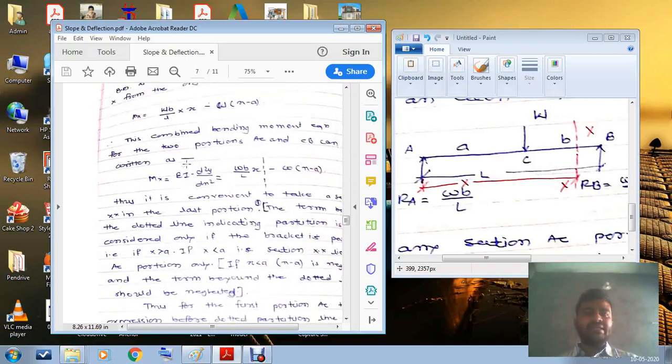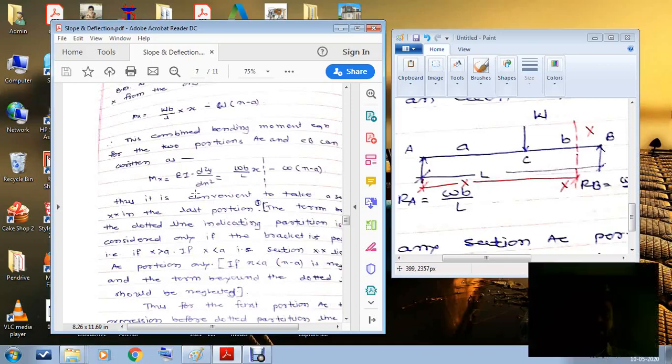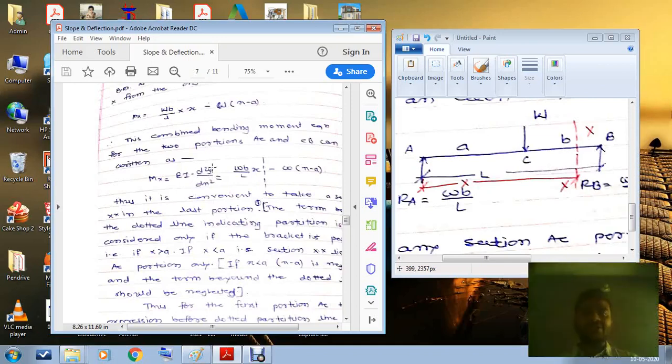I can write this equation as Mx equal to EI d square y upon dx square, equal to WB by L into X, minus W into (X minus A). Intentionally I have drawn a vertical line here before the second term, that is the moment of the point load.